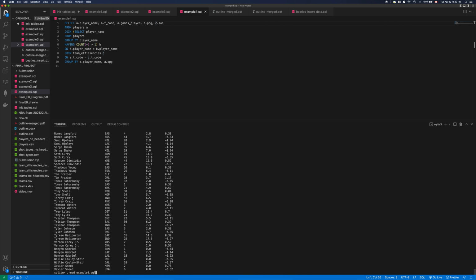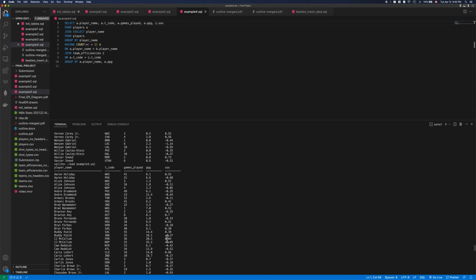And if I do example 4 right here, it shows the SOS rating, and for each player it lists the higher SOS rating that the duplicate players had with the respective team, and it also shows the points that they averaged based on that.